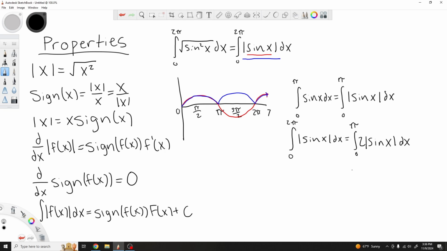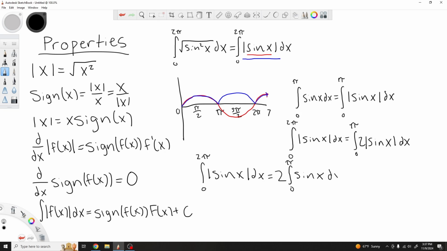Okay, so with that, we can now rewrite this as the integral from 0 to 2 pi of absolute value sine of x dx equaling 2 times the integral from 0 to pi of sine of x.